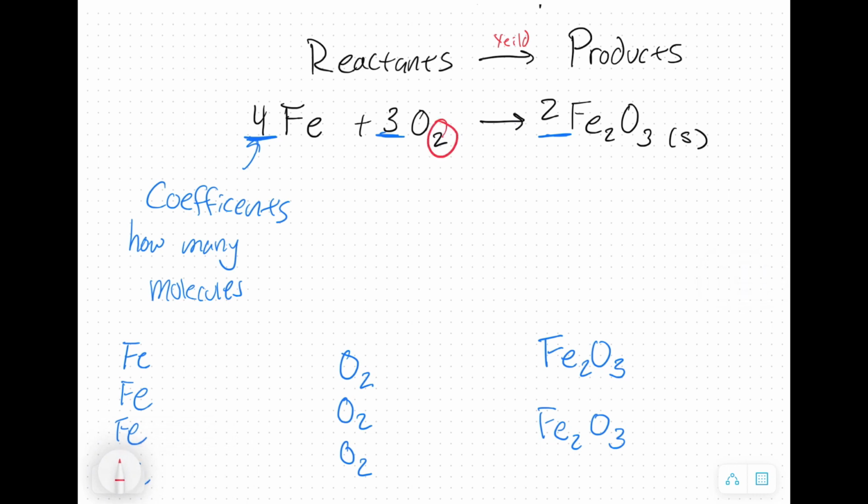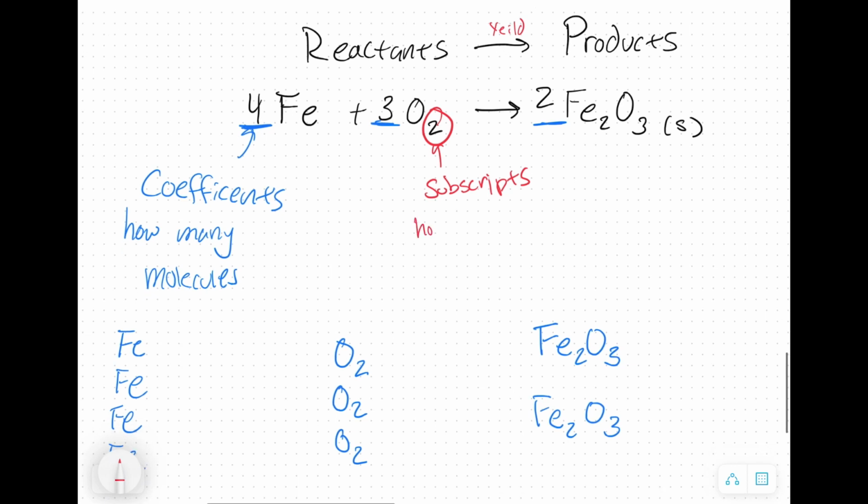When we talk about these little numbers, they're called subscripts. Our subscripts are just telling you how many of that individual atom. So where coefficients apply to everything that coefficient touches, like that 2 applied to this whole molecule, our subscript only applies to whatever it touches.